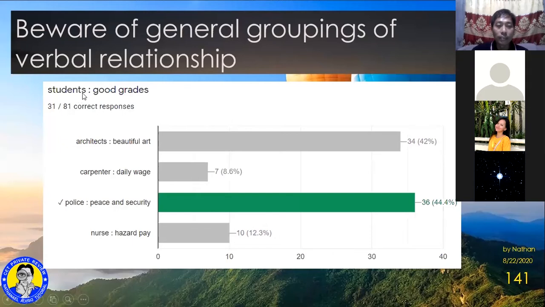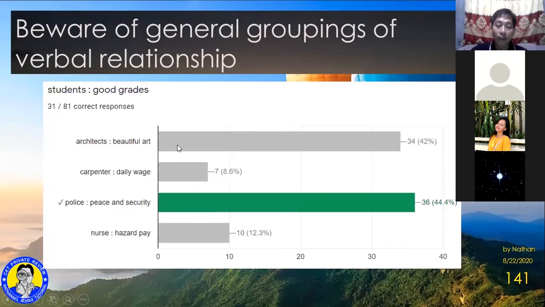Like here, students, good grades. So these are general groupings of verbal relationship. What is the relationship between students and good grades? The most logical analysis here is students are always aiming for good grades. Some of you answered architects aiming for beautiful art.